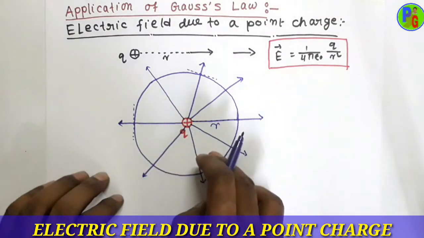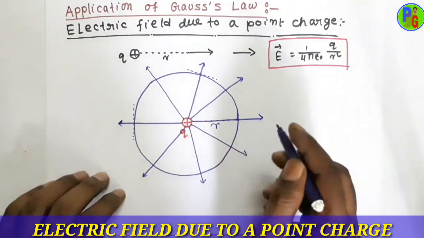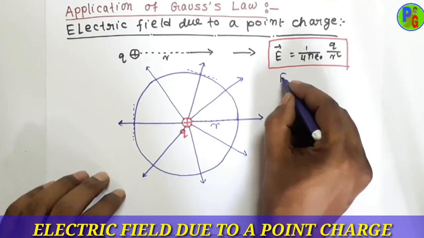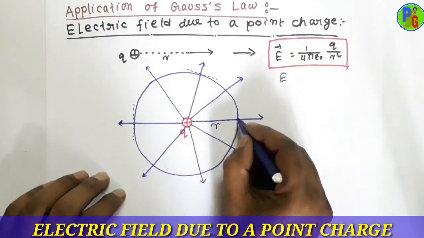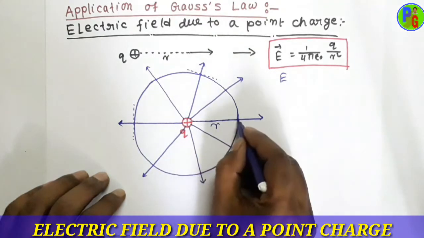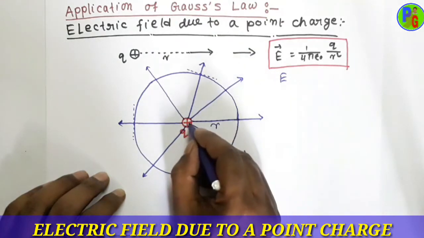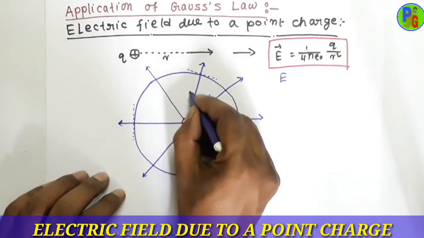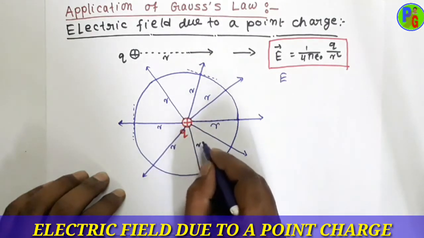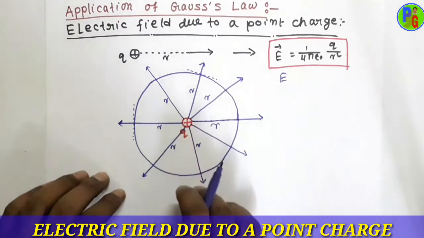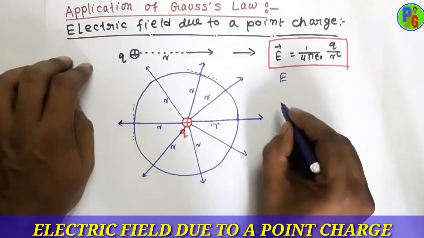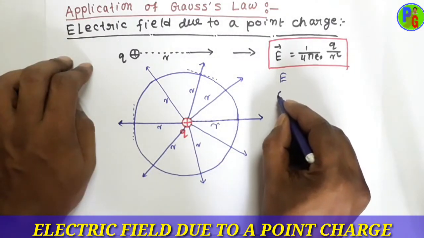Another important thing here is that the magnitude of the electric field will be the same all over the surface. Why? Because if this surface is at a distance R from the charge, then every point on the surface is at a distance R from the charge. So what advantage do we get? The advantage is in the application of Gauss's law.